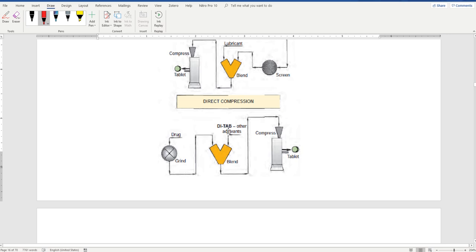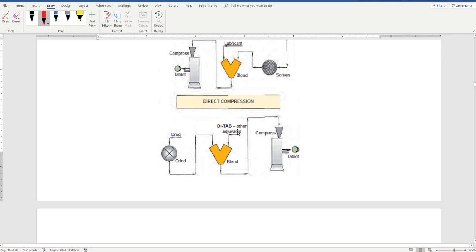Here you don't have a binder. Actually, the binder is usually needed because most drugs are not directly compressible. That's why the diluent that we choose is a diluent that is able to make the formulation bind together upon compression. That's why we use directly compressible vehicle.